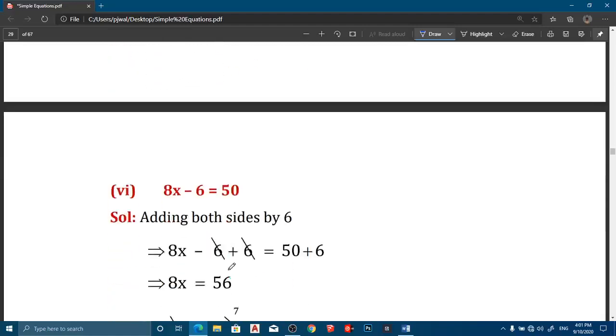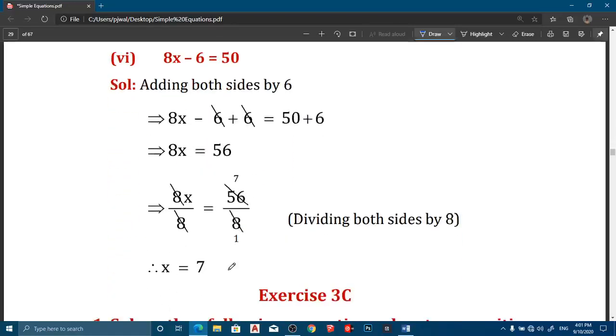Next, 8x minus 6 is equal to 50. So here you have to remove minus 6. So you have to add plus 6 on both sides. Minus 6 plus 6 gets cancelled. 50 plus 6 is 56. Remember that on both sides you have to add any number or subtract any number.